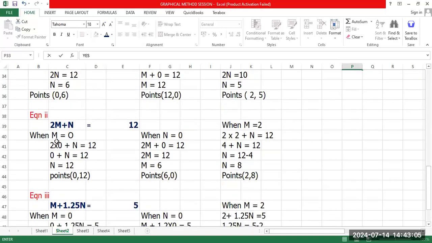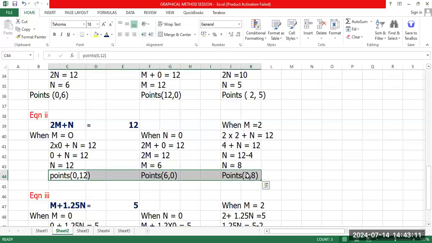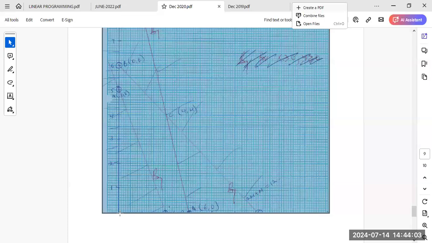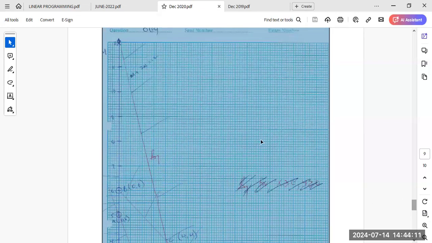You plot for me these points. I will also explain. First, plot this on your graph. This is 0. Then on the vertical axis, look for where 12 is. It's somewhere here.